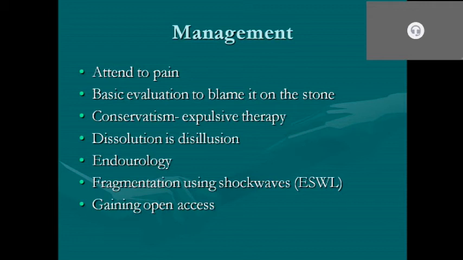So you can give a combination of tamsulosin 0.4 mg with deflazacort 30 mg. This is one combination. Then, along with it, you can give a diuretic, thiazide or torsemide 5 mg, minimum diuretic. Diuretic is not even compulsory, it can be avoided also. And the third is pain management.